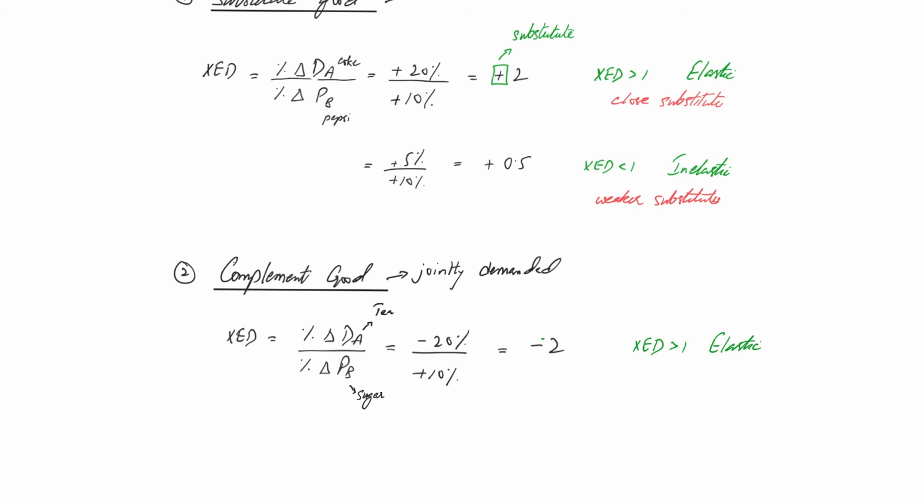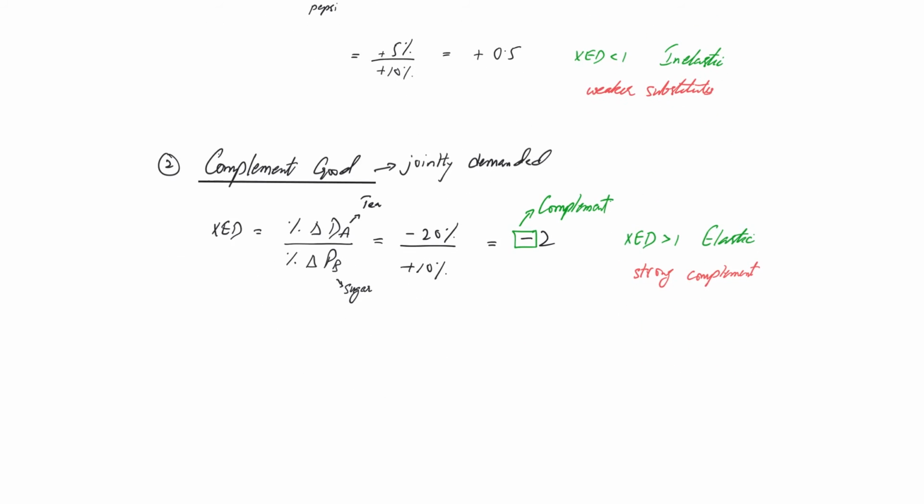It's greater than 1 now, because this minus sign is only telling us that these are complement goods. Since the change is so big, that means they are strong complements. That's why there has been a much bigger change in the demand for the other good.